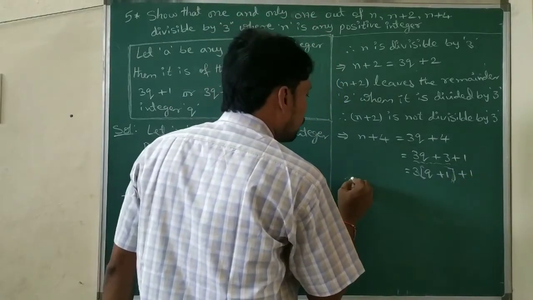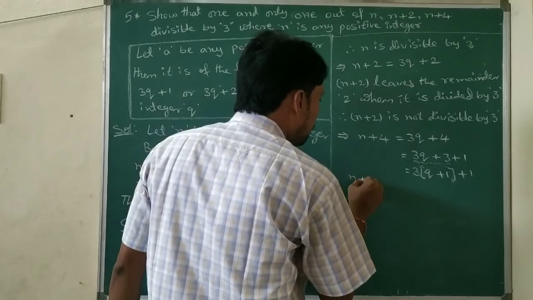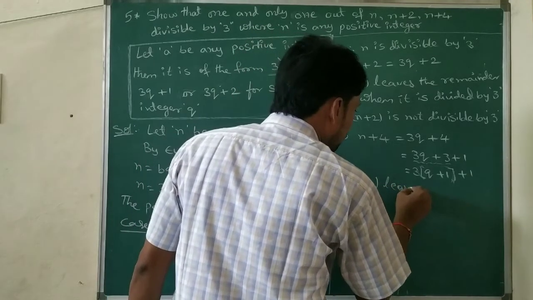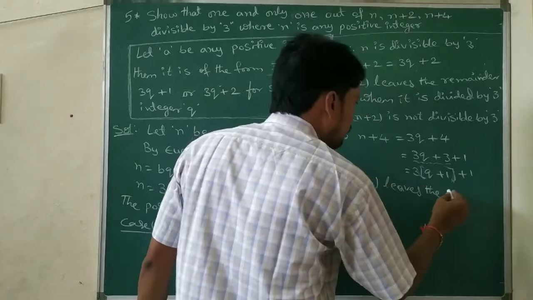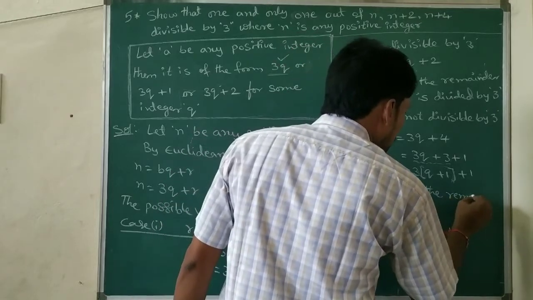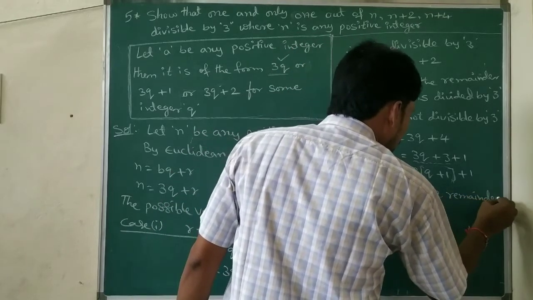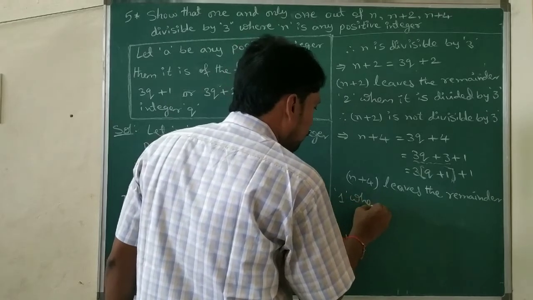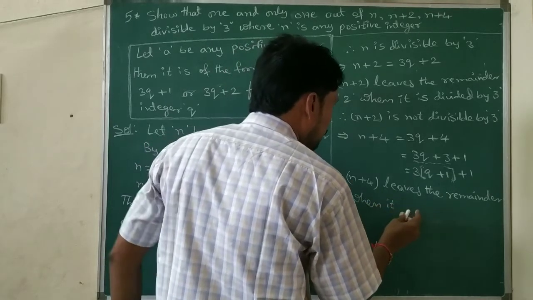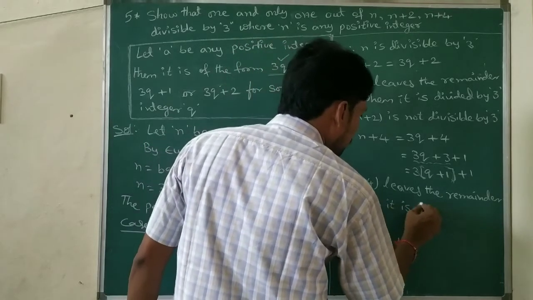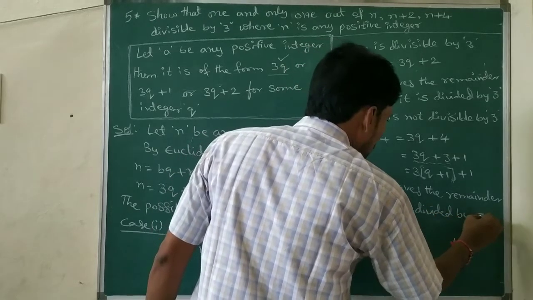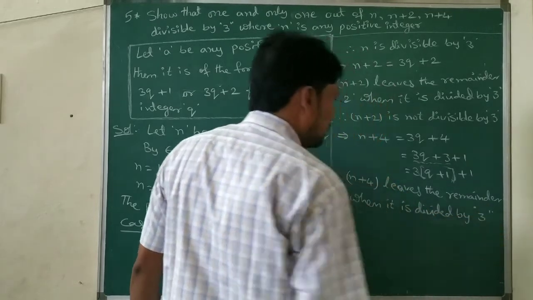So therefore, n plus 4 leaves the remainder 1 when it is divided by 3.